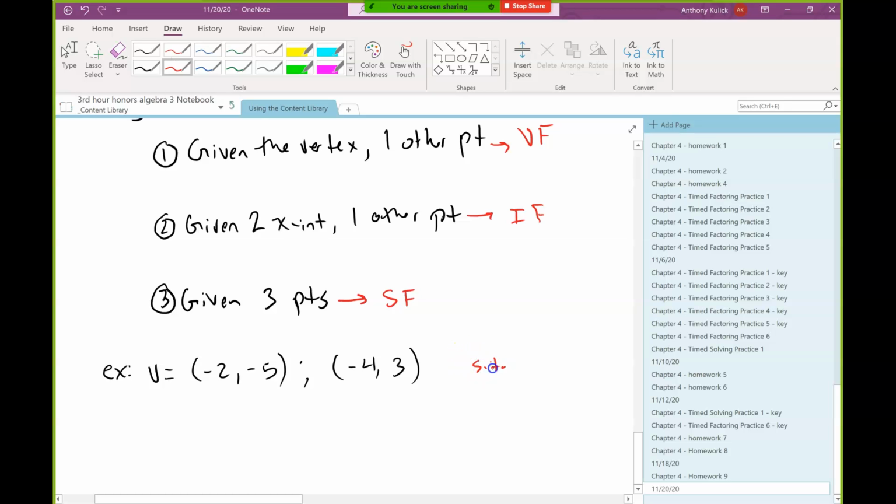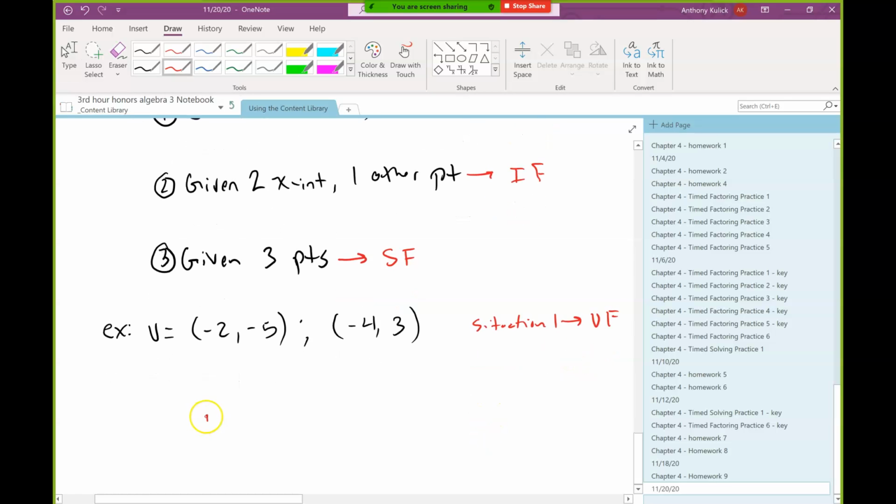So this is situation 1. So we need to be using the vertex form equation. So for us to have a quadratic function, what we really need to do is figure out the values for a, for h, and for k. That's what we're looking for.